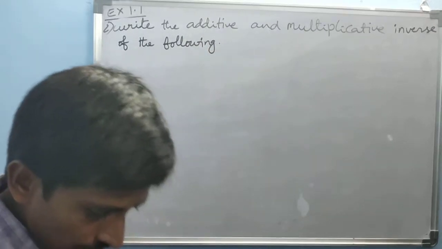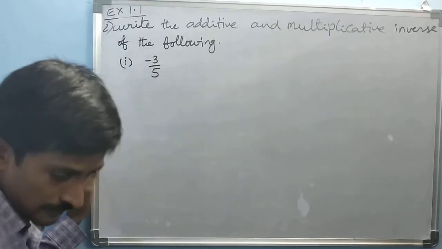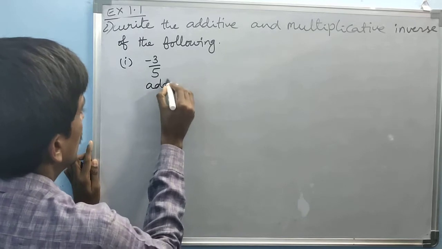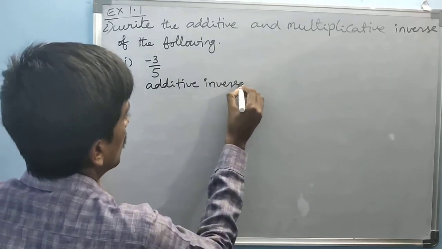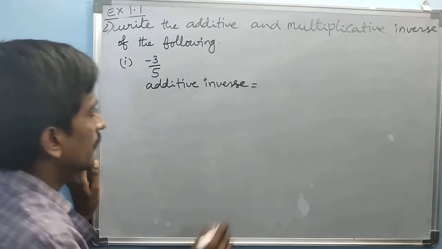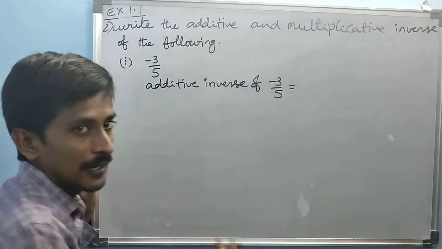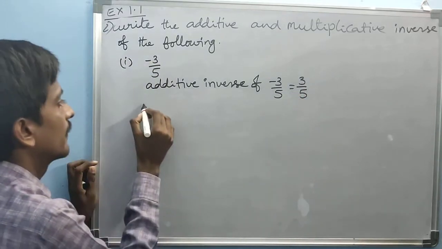First one, minus 3 by 5. Additive inverse of minus 3 by 5 equals, as already said, just a symbol change, plus 3 by 5.